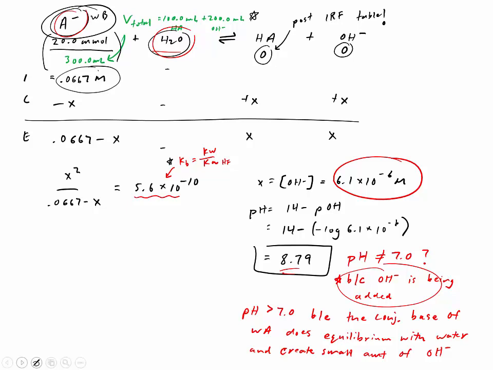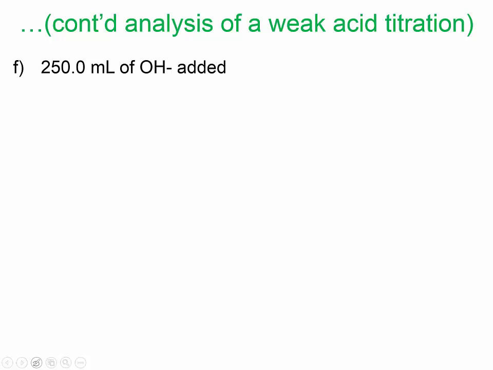All right, so we have one more point to analyze during the titration, and this is an overshoot point. Here is where your moles of strong base have overcome your moles of HA. So this is going to be your limiting reactant in your ICE table.